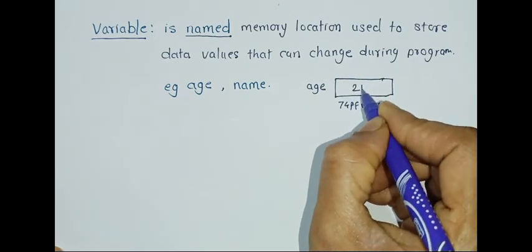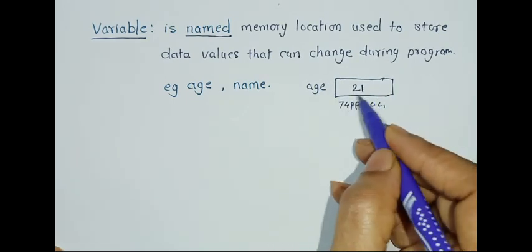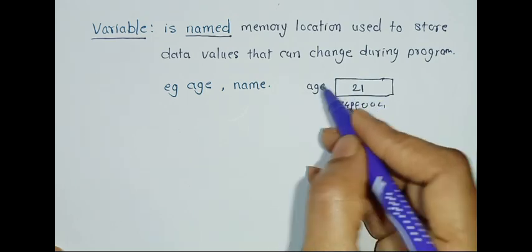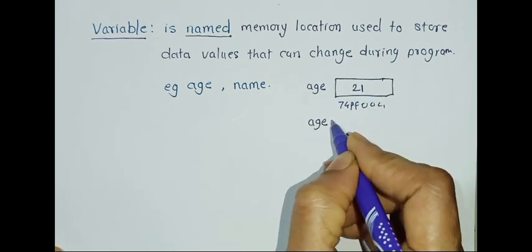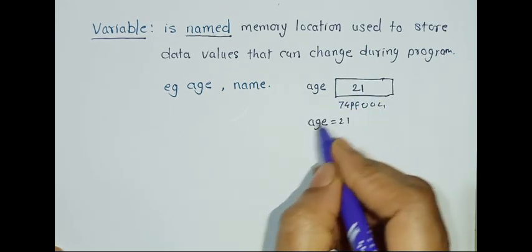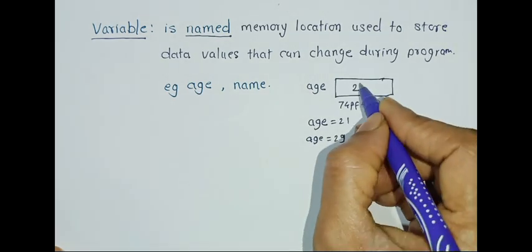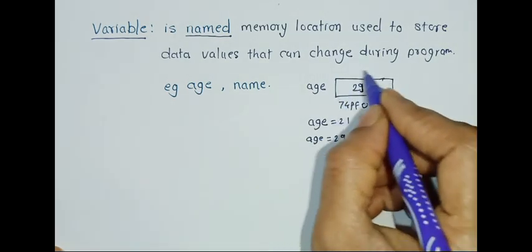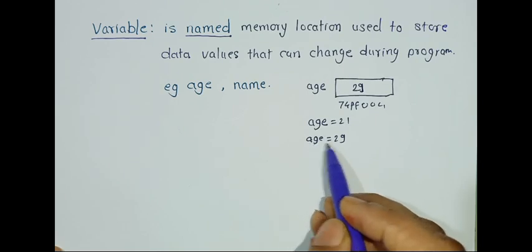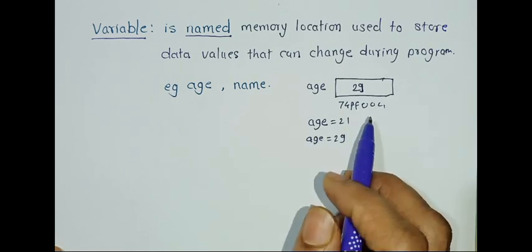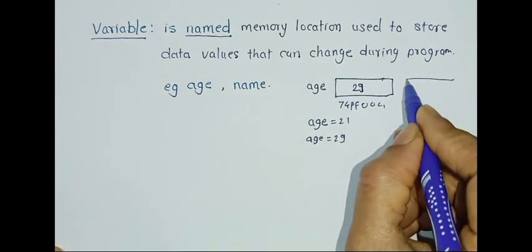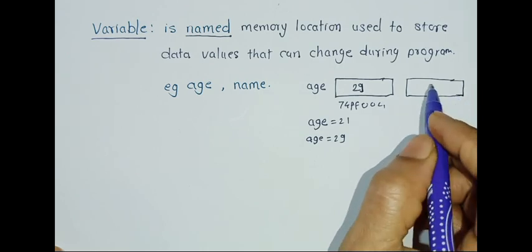So you can store the age value in the memory location. If you want to change it, suppose previously age is 21, but after some time we change age equal to 29, the value of that memory location will be automatically changed. That way it is called a variable. In the same way we can store different variables.